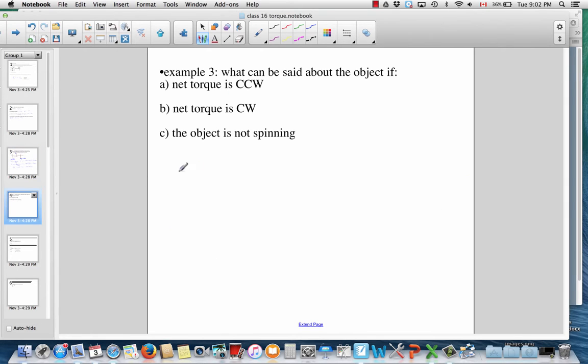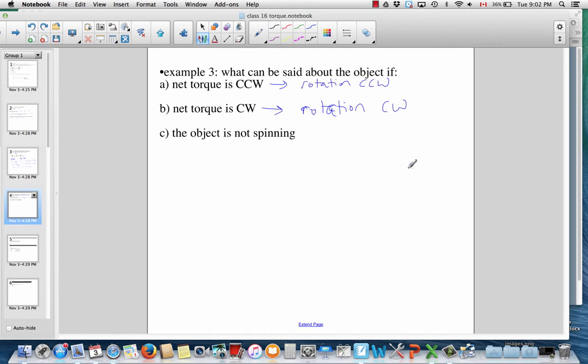Now the fact that the net torque is counterclockwise implies a rotation that's counterclockwise. It's actually going to accelerate in the counterclockwise direction. Now, a clockwise torque is going to give us a rotation that is clockwise.